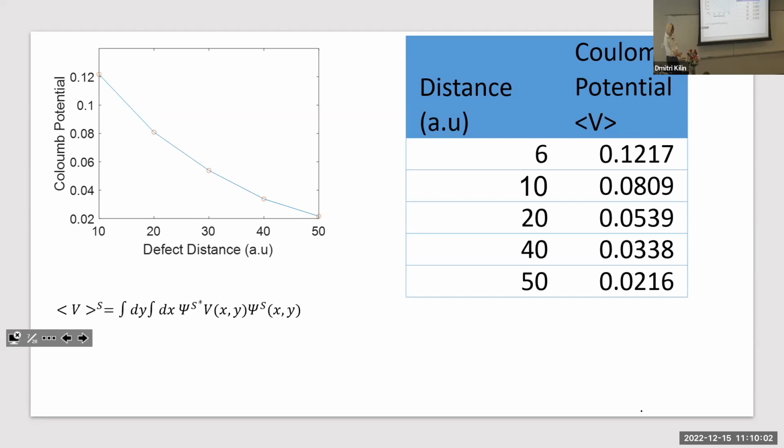It uses our Slater determinant, and I believe that's the Hartree product. As we can see, as the distance increases, our potential decreases, and between the first 2 defects there's a pretty significant potential decrease compared to as the defect distance increases.